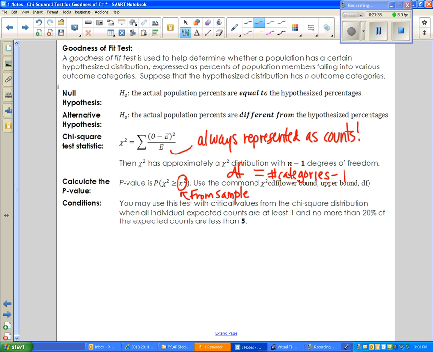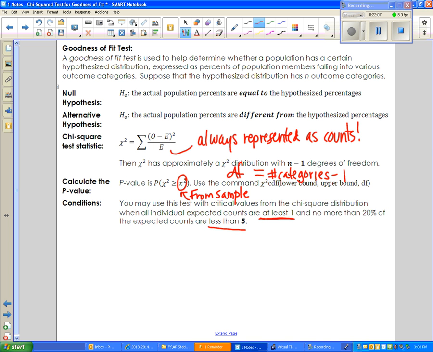The conditions, though, are very different than some of the conditions that we've looked at before. You can only use this test when, for the critical values from the chi-squared distribution, all individual expected counts are at least 1. So if you opened a bag of M&Ms and you didn't have any blue M&Ms, you wouldn't be able to do the chi-squared test because you need at least one blue M&M and one brown M&M and one yellow. So you need to have at least one count, and then of all of your categories, no more than 20% of them can have a count that's less than 5.